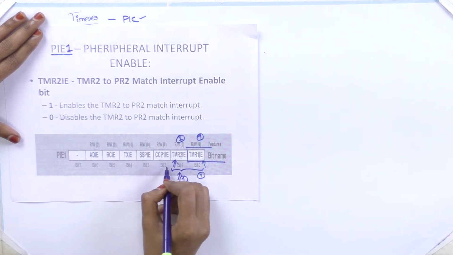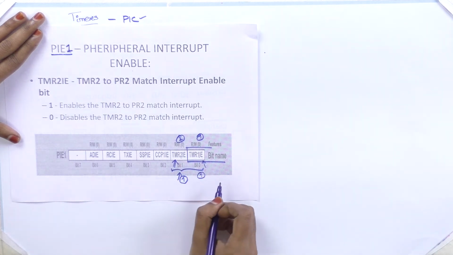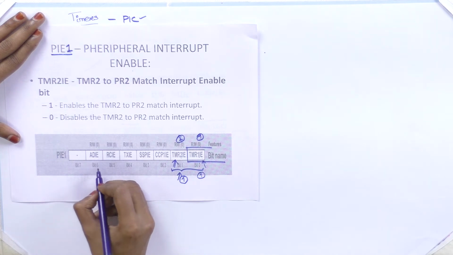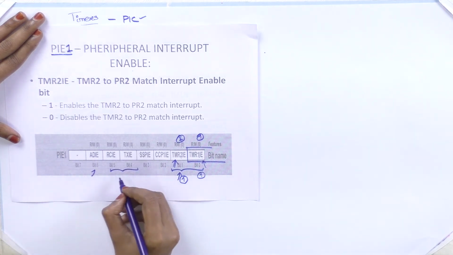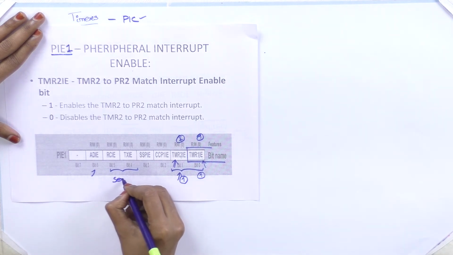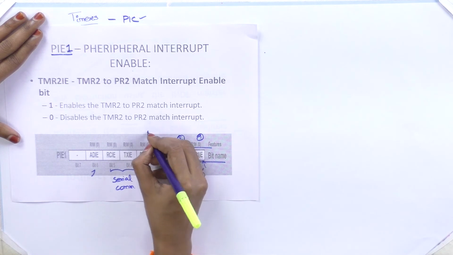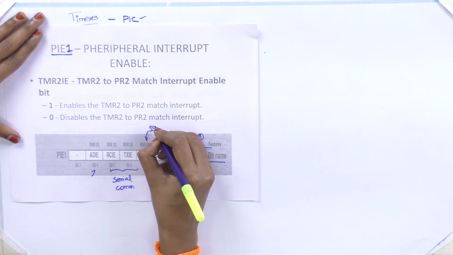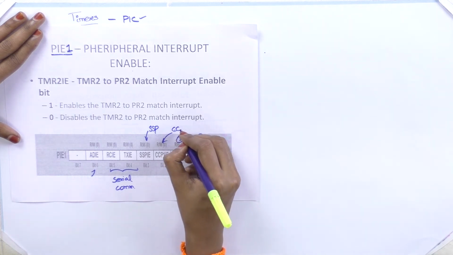Other bits are not necessary as of now, but I will mention a small thing about them. ADIE is meant for the analog to digital converter. These two are meant for serial communication. Then this is meant for SSP, and this is meant for capture compare mode.